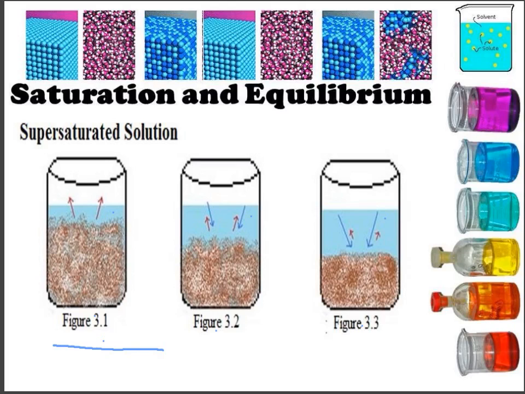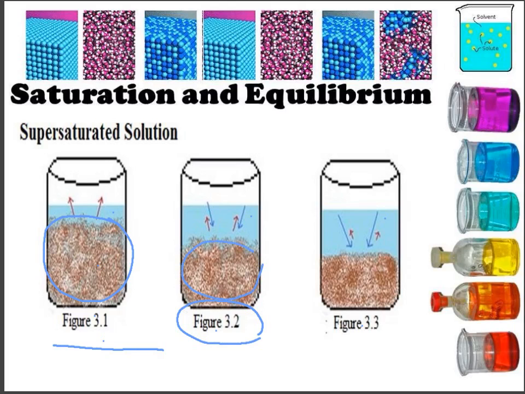So earlier, if we notice, there is a large amount of solute here. So the large amount of solute begins to dissolve. By figure 3.2, if we notice, crystallization begins and causes the solid to crystallize.